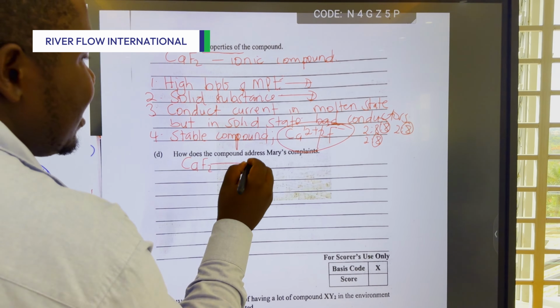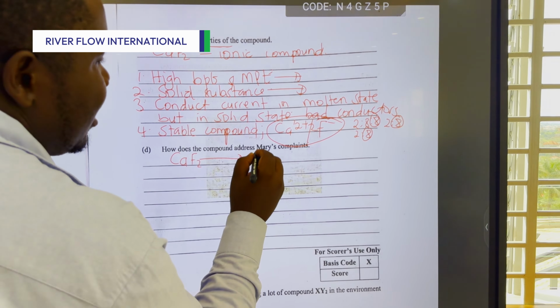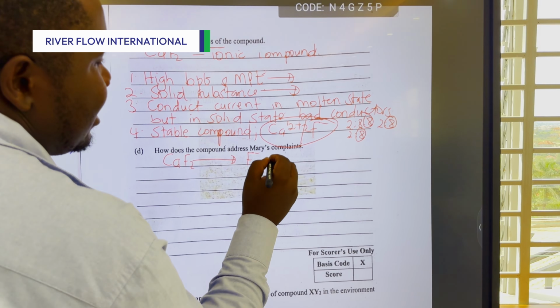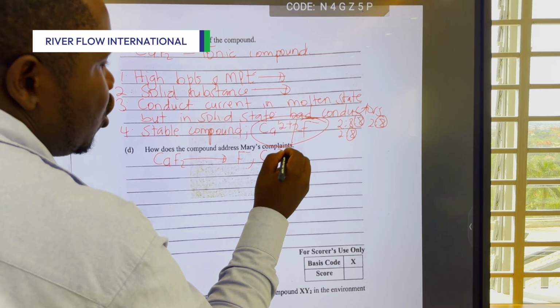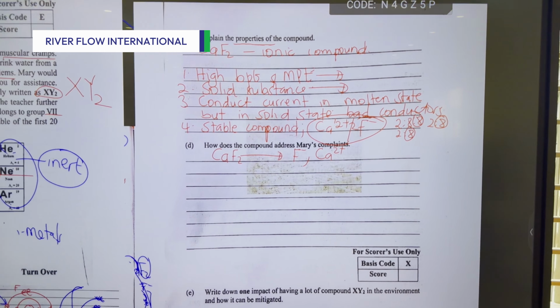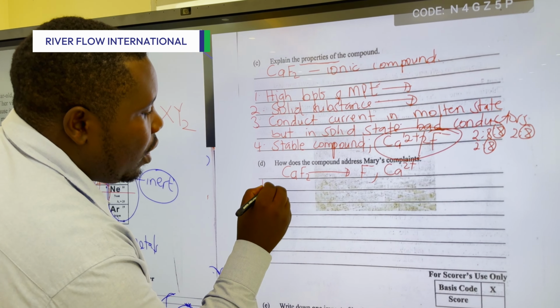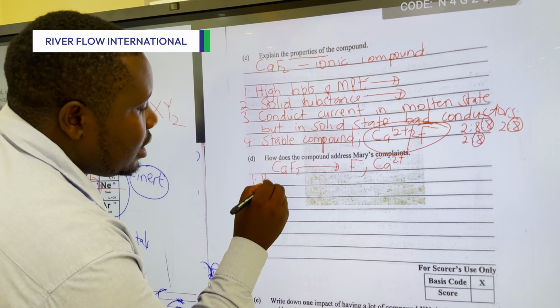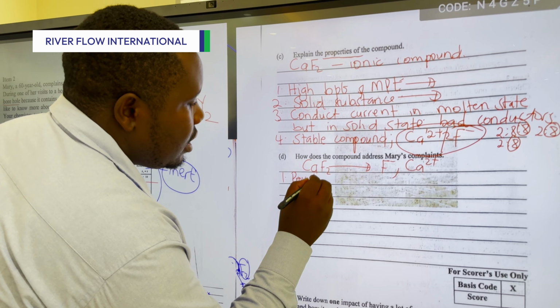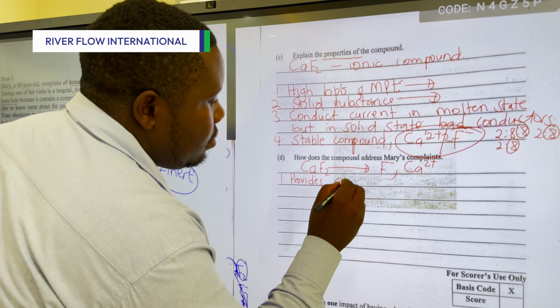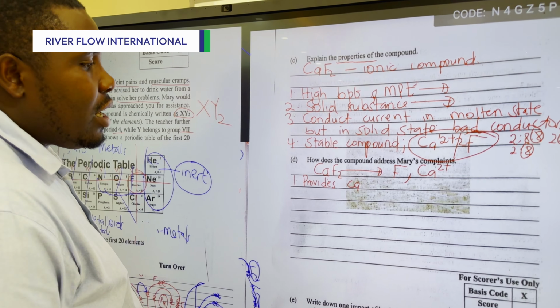Which means here, there is a source of two things: a source of fluoride ions, but also a source of calcium ions. So the compound provides calcium. And what is the importance of calcium?